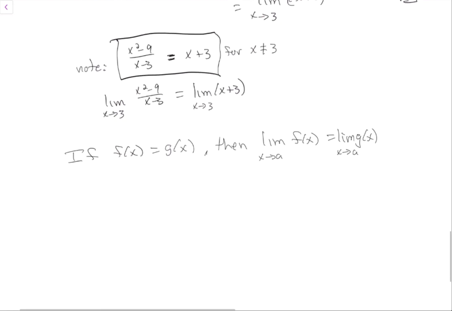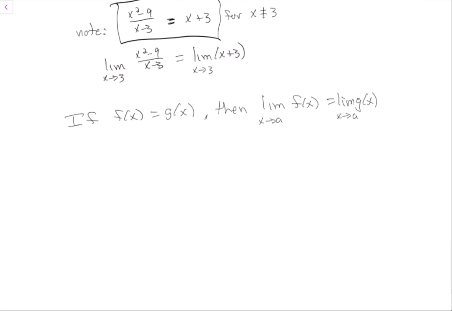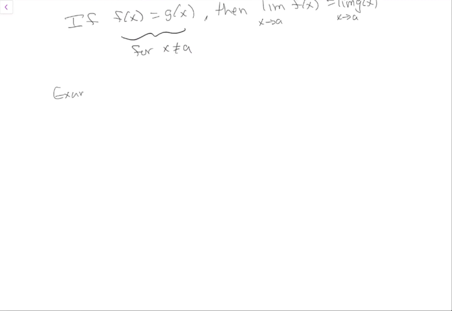And in fact, probably what I should say here is if f equals g for x not equal to a, I apologize, for x not equal to a, right, then the limit of f still equals the limit of g. So because we're not actually getting to x equals a, those limits are still going to be equal to each other.